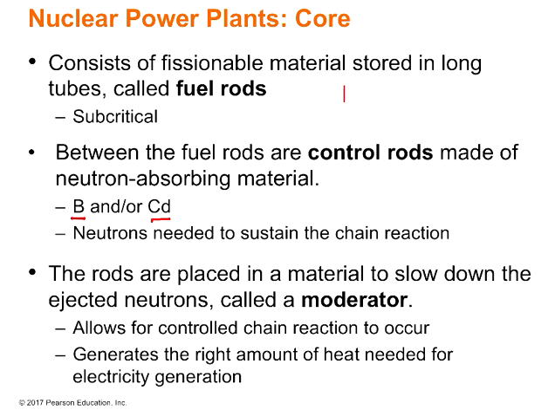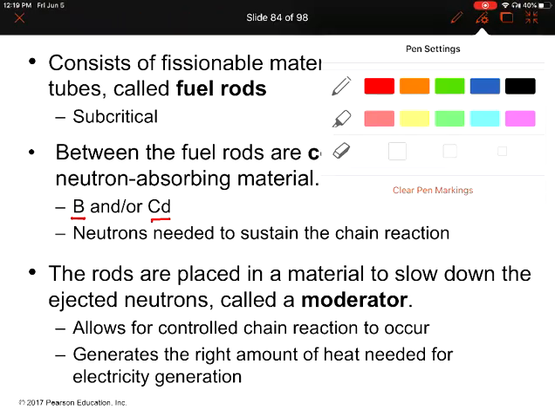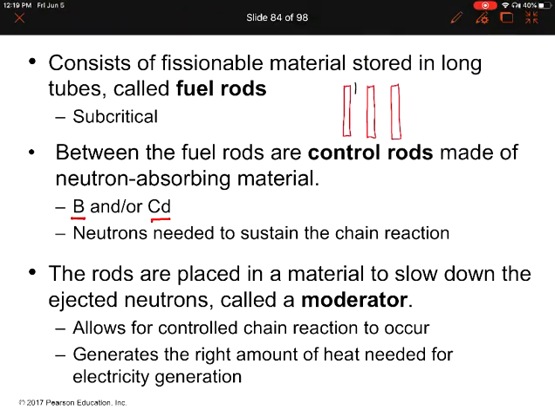So for instance, if we have fuel cells that contain a radioactive element that can fission, remember those need neutrons in order to start. So what we can do is alternate those radioactive fuel rods with neutron-absorbing rods, control rods, and those will block neutrons from getting to the radioactive elements.